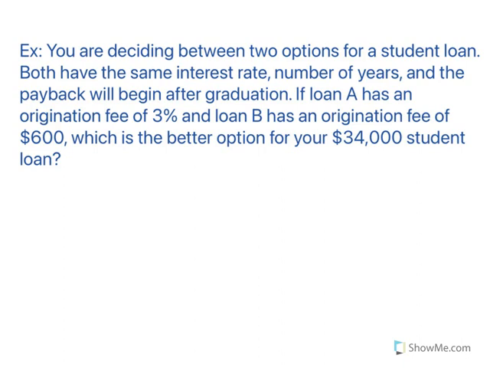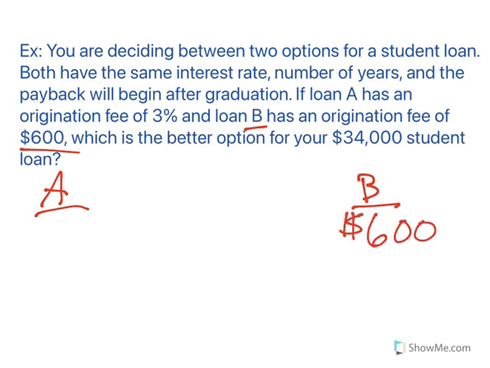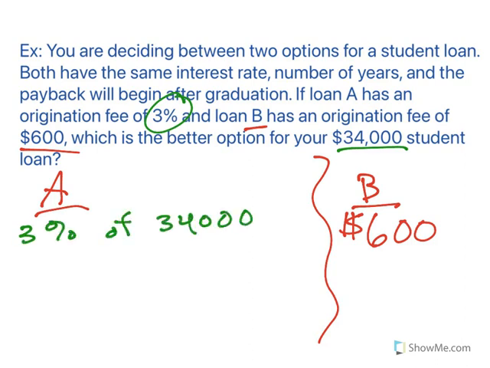Okay, so we are comparing loan A and loan B. Now, loan B is just a static $600 fee. Great. But loan A is 3% of the $34,000, so we need to figure that out. Now, 3% of $34,000. Remember, the word "of" means multiply.